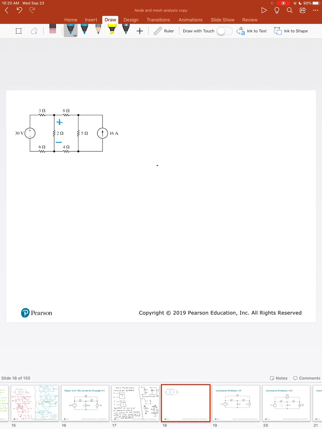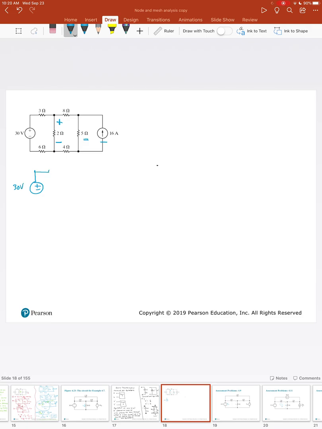I think I want to work with doing the source transformation on the 16 amp current source and the 5-ohm resistor. For now, I want to go ahead and combine the 6-ohm and the 3-ohm that are over here with this 30-volt source.